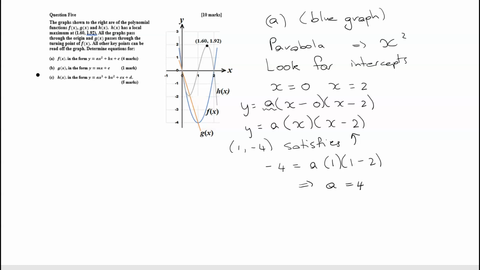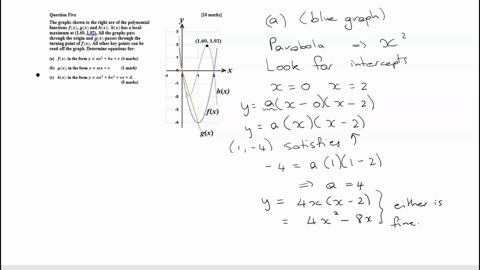That means then that our graph is y equals 4 times x times (x minus 2). And you can write it like that, or you could have written it as 4x squared minus 8x. So either of these is fine.